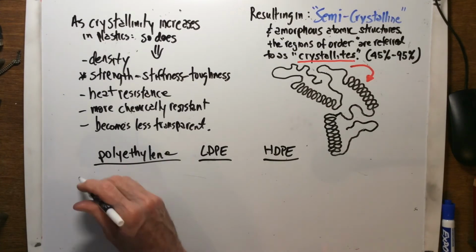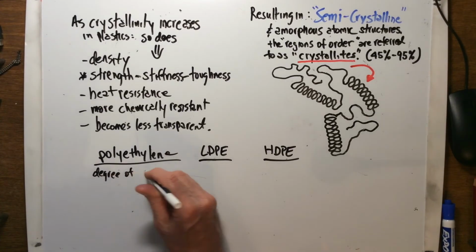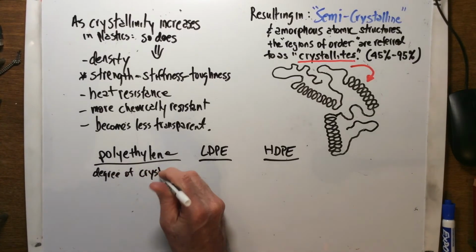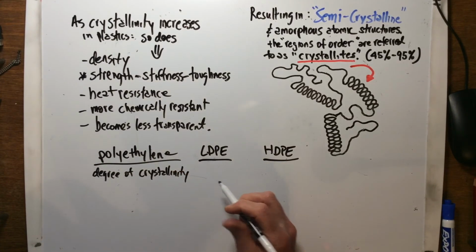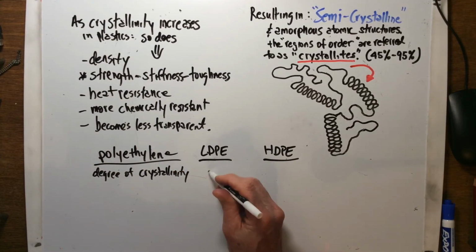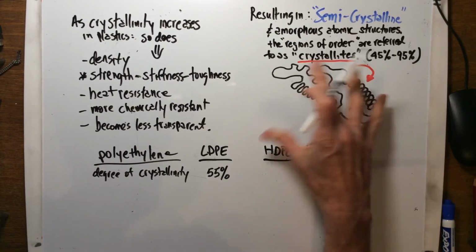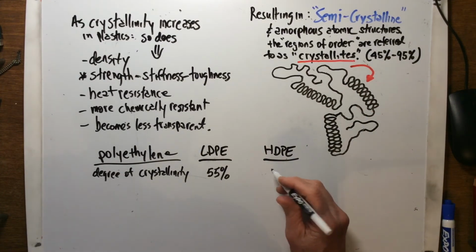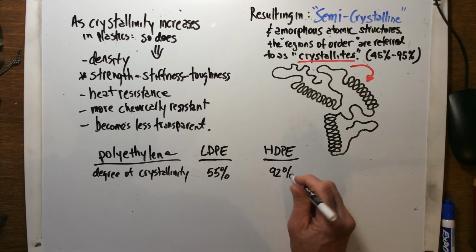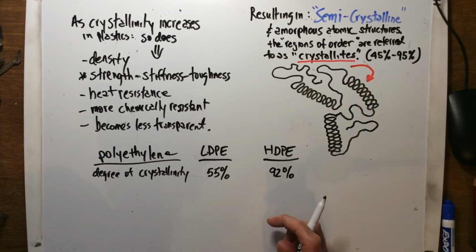The first one, let's just call it degree of crystallinity. For a low density polyethylene, it's usually somewhere around 55%. 55% of the area is going to be taken up by these crystallites. Whereas an HDPE is going to be closer to 92%. So it's very, very crystalline compared to the low density polyethylene.